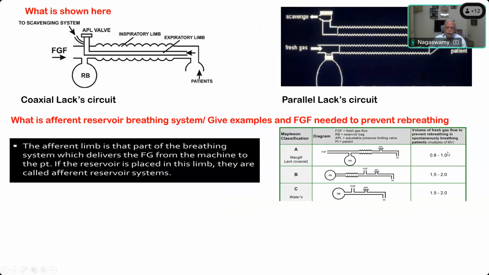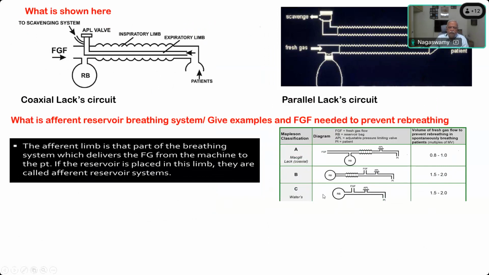So equal to minute ventilation or slightly less, if you use it during spontaneous respiration, the patient will not have any rebreathing. The second is Mapleson B, which is not used. The reservoir bag is there, then a corrugated tube, fresh gas flow, and then it comes to the patient, and it requires 1.5 to 2 times the minute ventilation to prevent rebreathing.